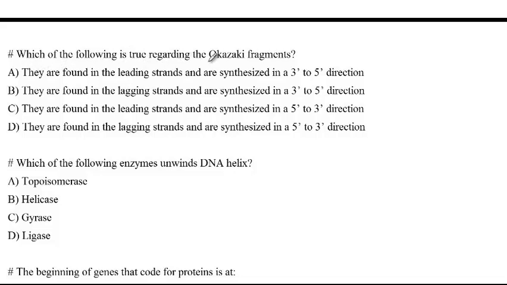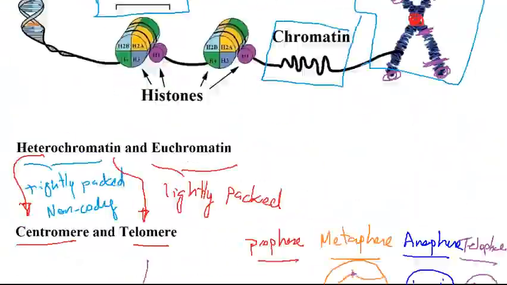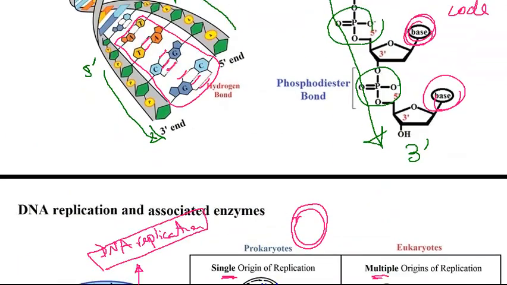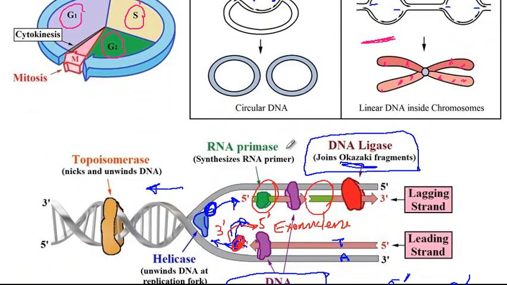So which of the following is true regarding Okazaki fragments? If you recall, Okazaki fragments were the fragmented DNA sequences that are shown right here. These are the Okazaki fragments.